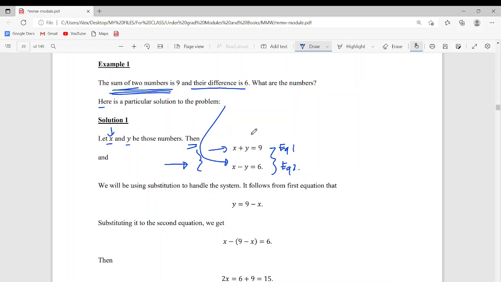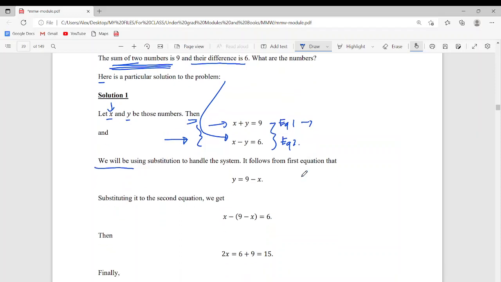So how do we do that? We can use the substitution method to handle this system of equations. If we take equation 1 as our first equation and represent it in terms of y, we can write y is equal to 9 minus x.